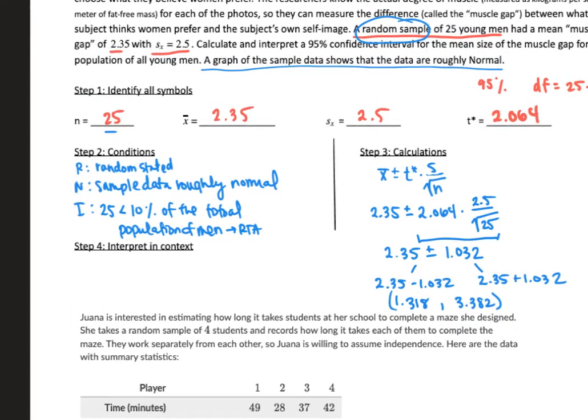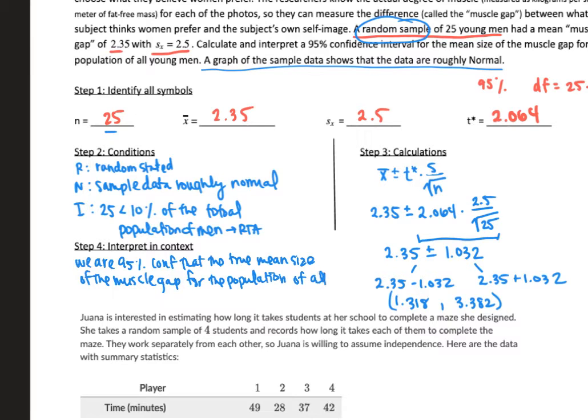So now to interpret in context, we say we are 95% confident that the true mean size of the muscle gap for the population of all young men is between 1.318 and 3.382.